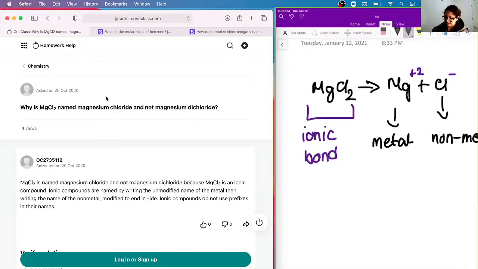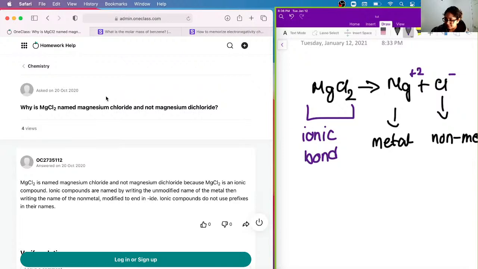In the case of an ionic compound, we do not use prefixes like mono, di, tri, or anything like that.